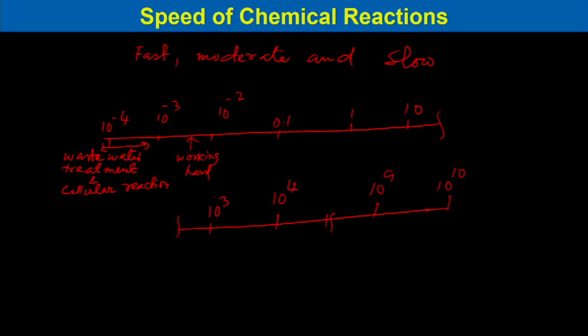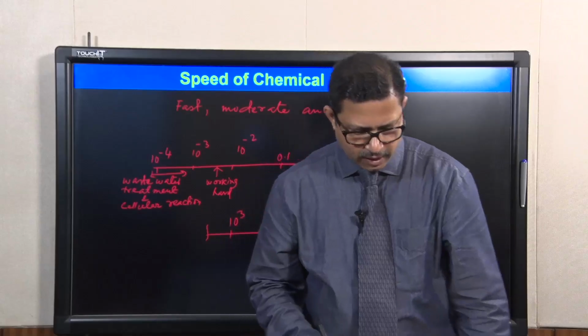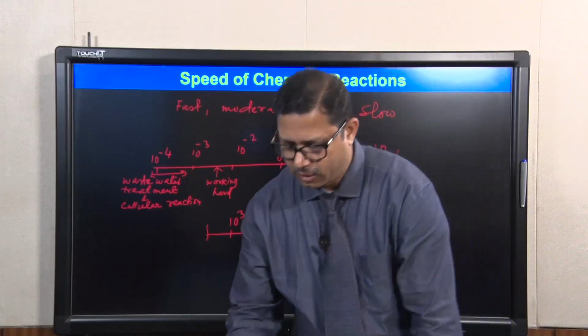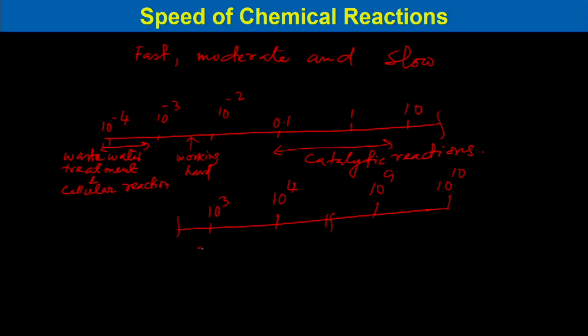For catalytic reactions, they are in this range. Now, if you consider the reactions of different engines like jet engines and rocket engines, those are very fast. Those are in the order of 10 to the power 3 to 10 to the power 4.